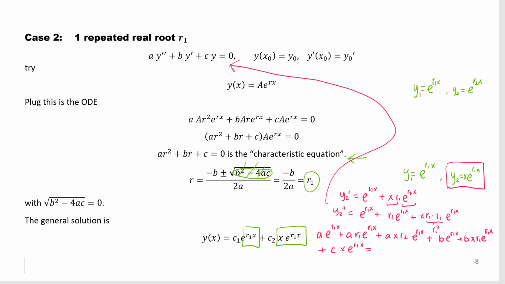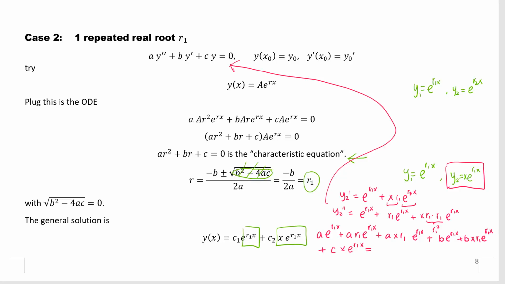Let's see. We can group all the... So here, this is r1. So you can see we can combine the like terms. What are the constant terms?